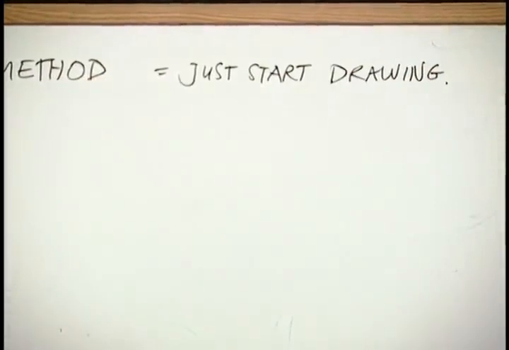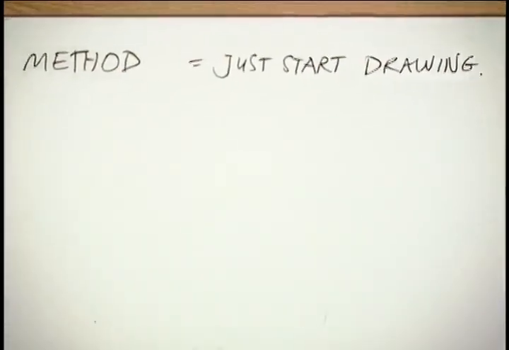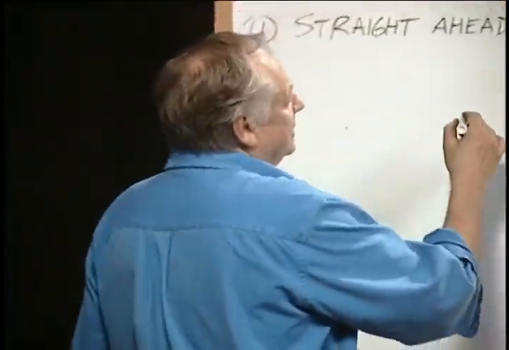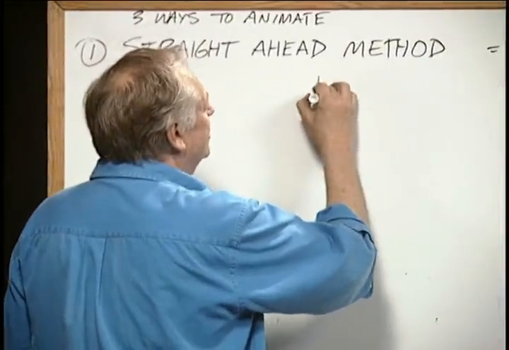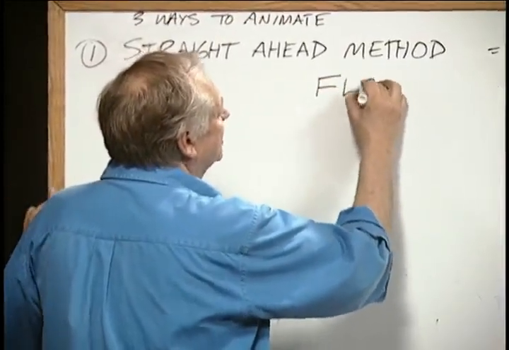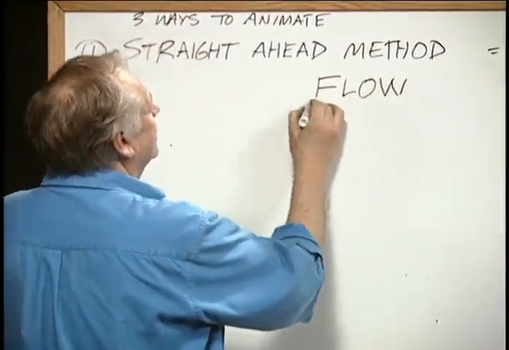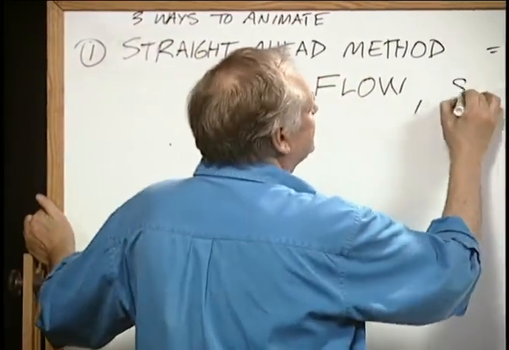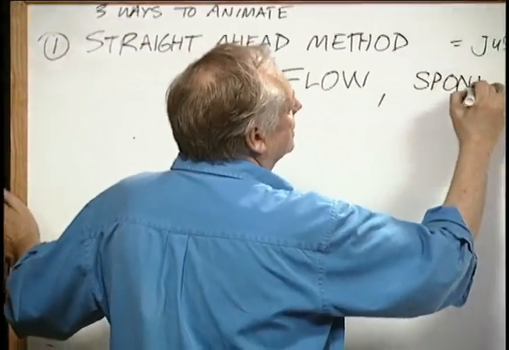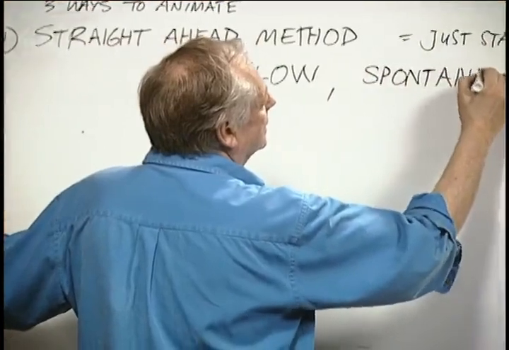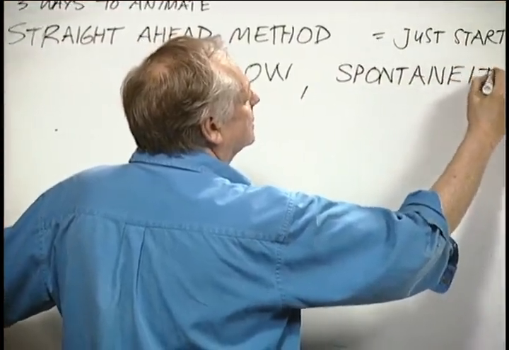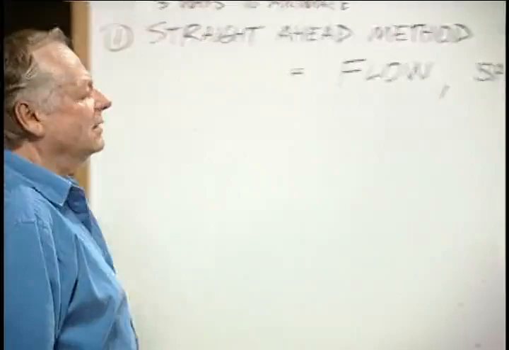Like a kid in the corner of the math book. And you just get your paper and you think what you're going to do, take a deep breath and start. And what happens is that you get a wonderful flow from it. Flow, spontaneity. Things occur. Inventions occur, strange things occur.